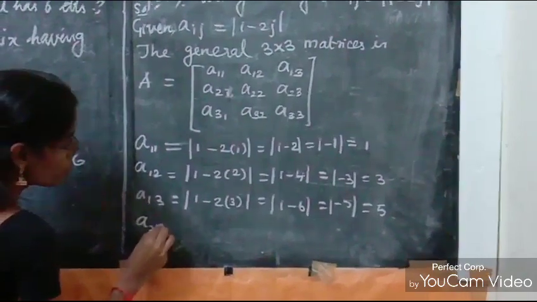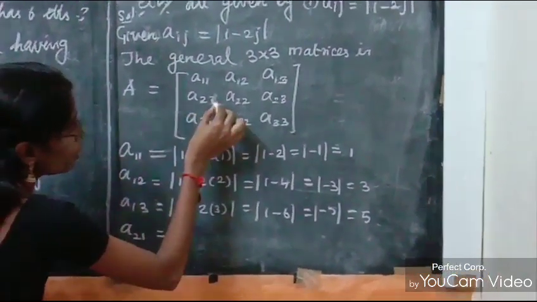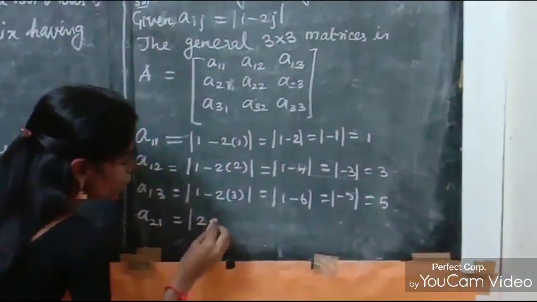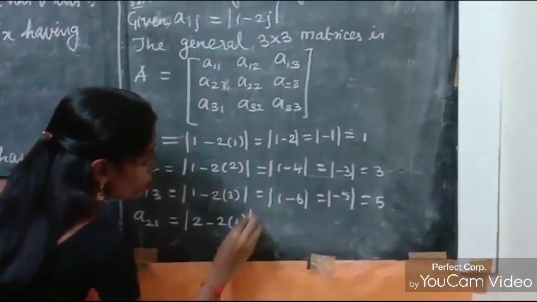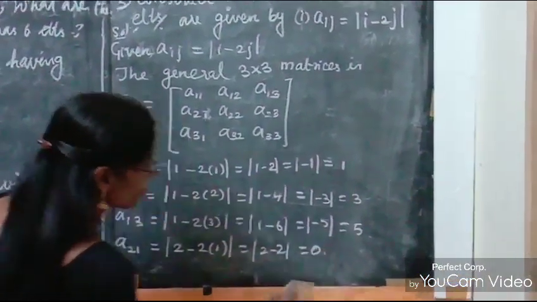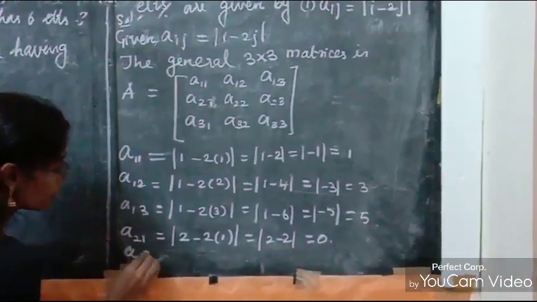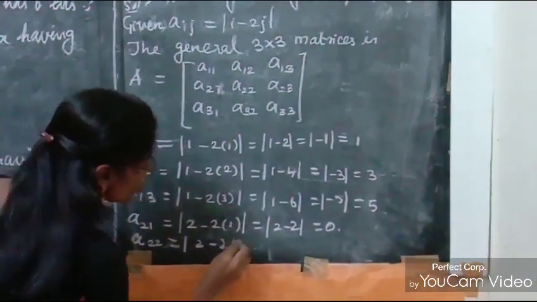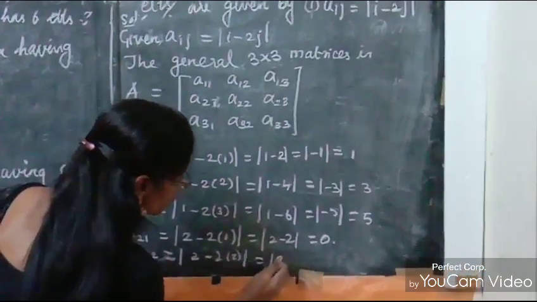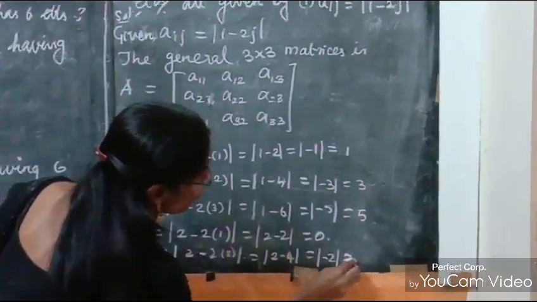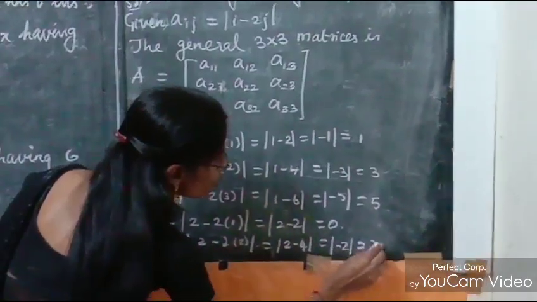Then A21, find A21, i value 2, j value 1. 2 minus 2, 0. Then A22, 2 into 2, 2 minus 4, the value is minus 2, modulus minus 2, the value is plus 2.